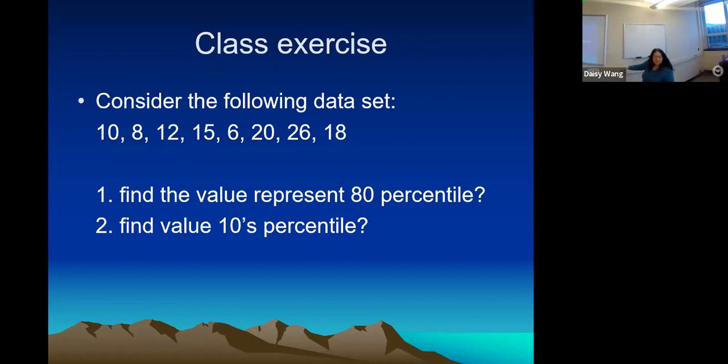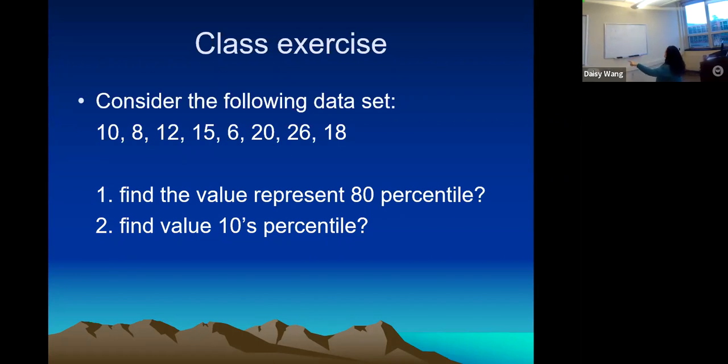So the 80 percentile will be 80 divided by 100 times 8. That's 6.4, so we look at the 6. So 1, 2, 3, 4, 5, 6. So this is the 18 percentile.